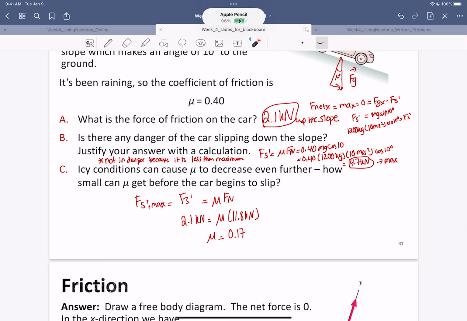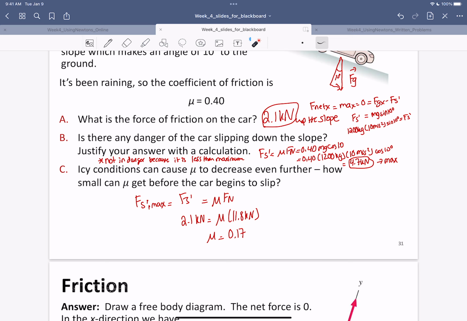Yep. And so that brings us to C, where they're saying icy conditions can cause mu to decrease even further. How small can mu get before the car begins to slip? So then we look at our, what's that called? For some reason, I just totally blanked out. Static friction force, yeah. So, hold up.